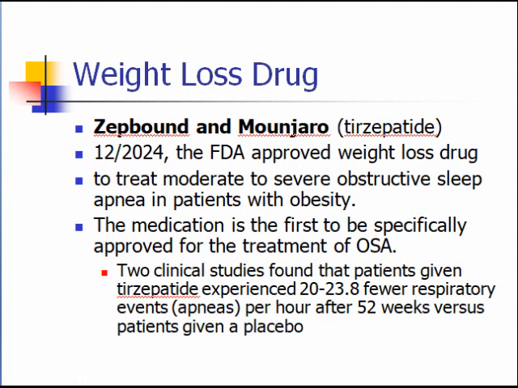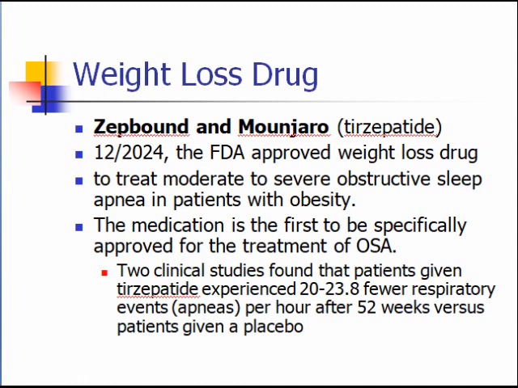Now, I'm going to say these names wrong, but you can see them there. Zepbound and Mounjaro, and they're used to treat moderate to severe obstructive sleep apnea. Now, these are the first drugs to be specifically approved to treat obstructive sleep apnea, and it's really not treating it, it's helping individuals lose weight.